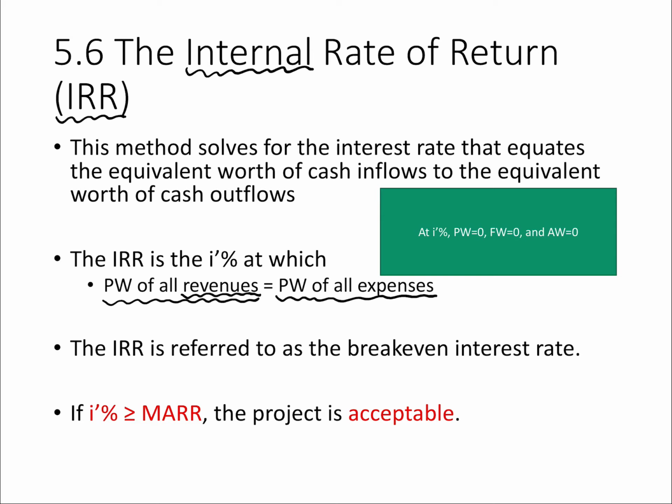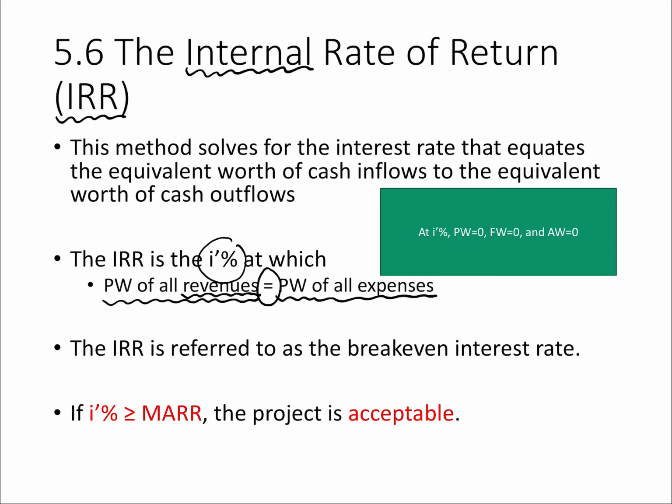So as a businessman, what do you want to do? We always want to at least have our expenses recovered by our revenue, so that we gain nothing but at least we're not losing money. We're even. That's why we want them equal to each other. And the I prime percent, which can make this equation happen, is called the internal rate of return.